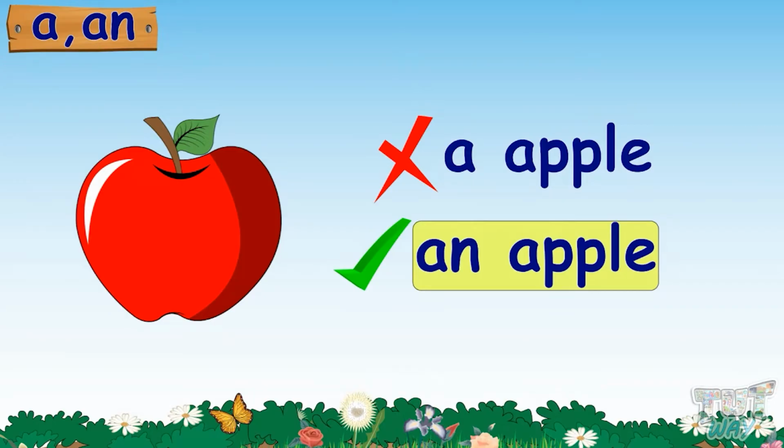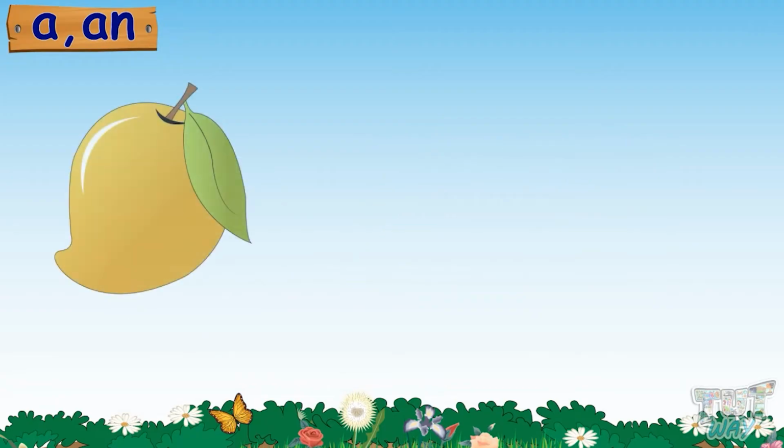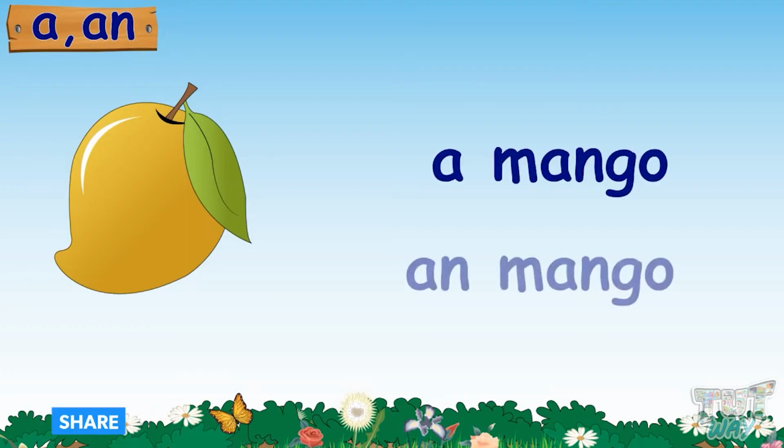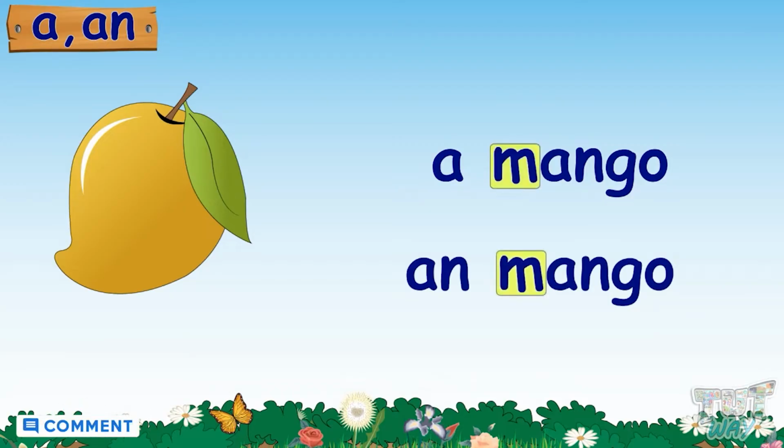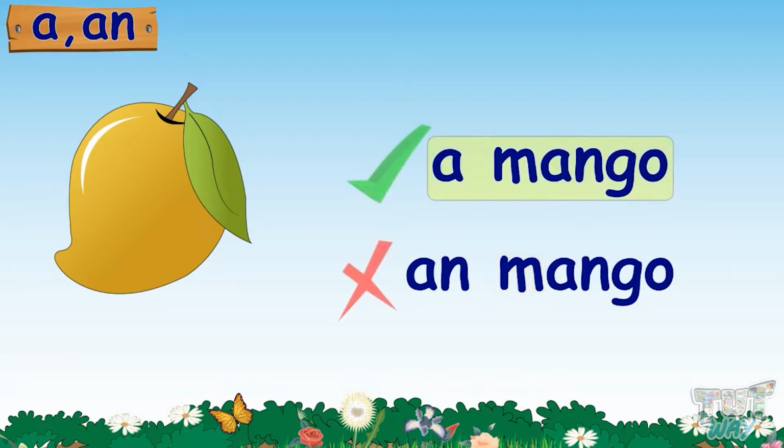Next example. What is this? Again, this is a single object. So we will use a or an before it. It starts with the sound of M. So we will choose a, and we will say, this is a mango.